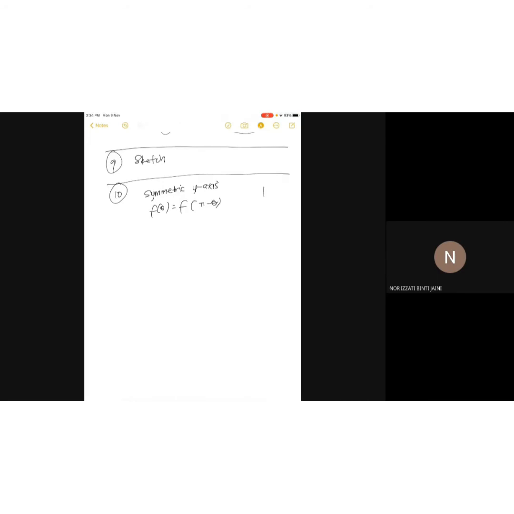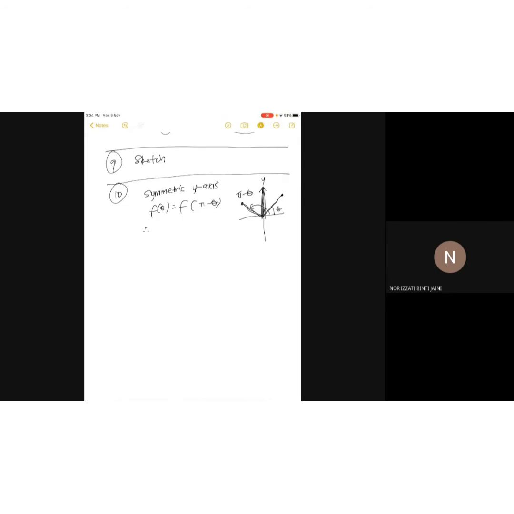Sebab kalau ada satu point kat sini, dia mesti ada point sini untuk simetrik dia. So kalau ini theta, yang ini mestilah pi tolak theta. Okay, sebab itu formula dia jadi macam ni. Kalau tak nak hafal pun kena faham lah kenapa jadi macam tu.